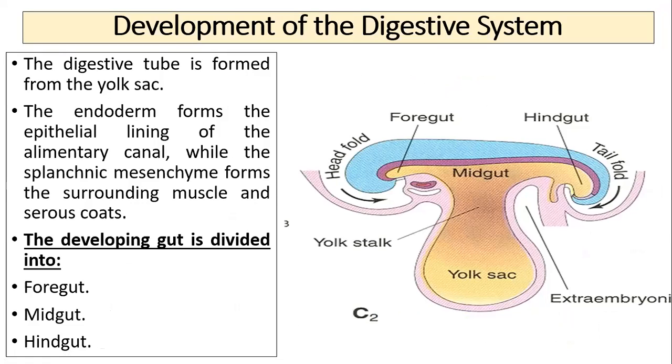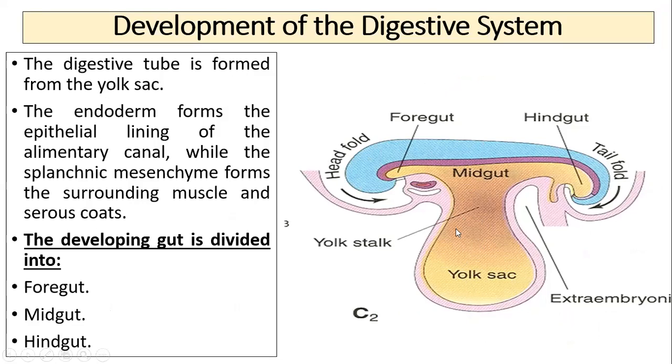As you know, if you remember, go back to your level 3. There we had discussed that the development of the gastrointestinal system is from the yolk sac. The yolk sac, this is the embryo developing. Here will be the amniotic fluid, and here will be the yolk sac.